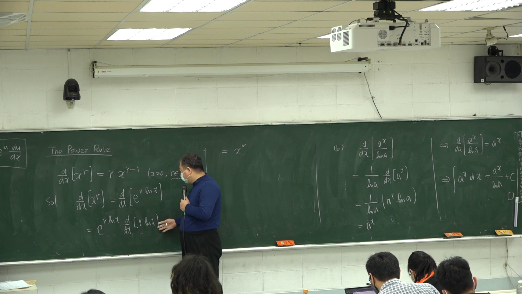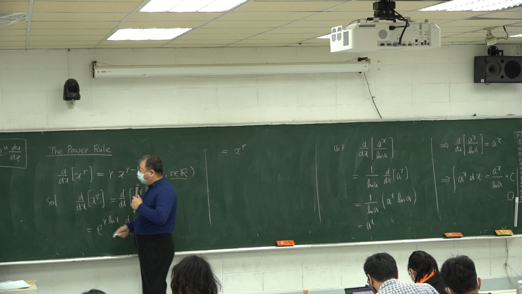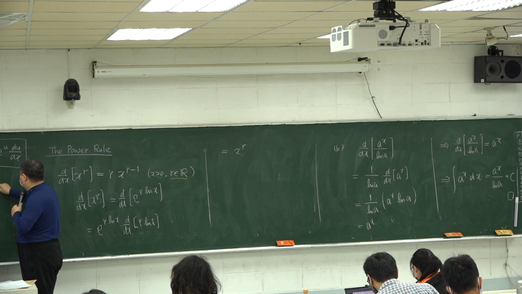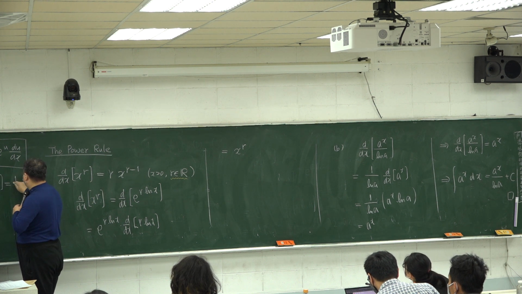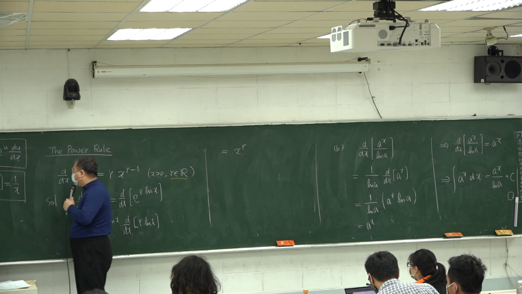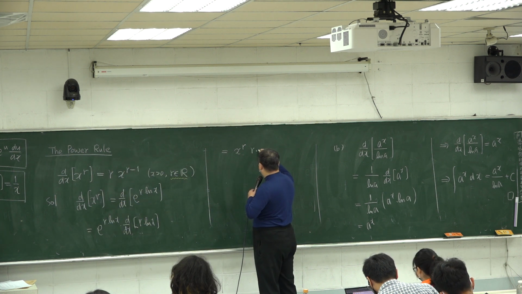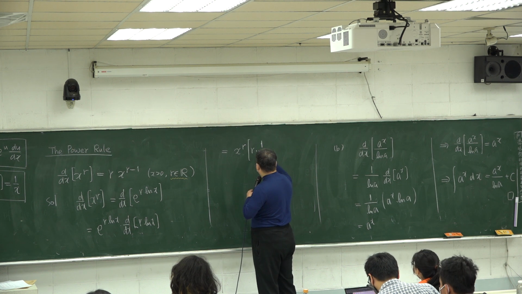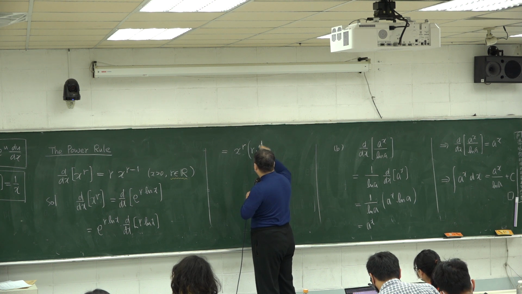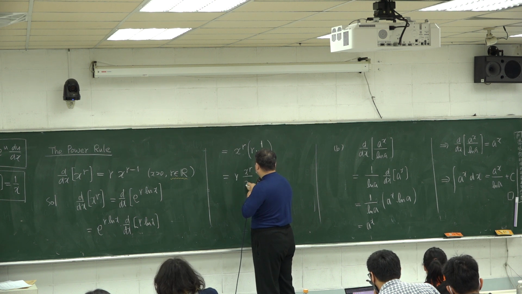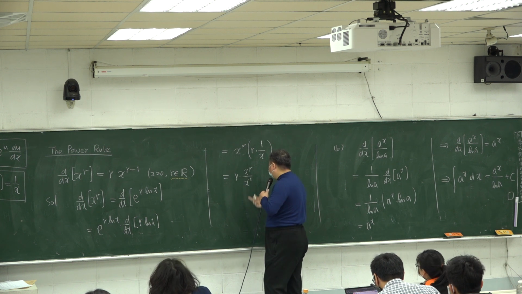So differentiating this one with respect to x, we can use this formula, when x is positive. x is x with the exponent 1.